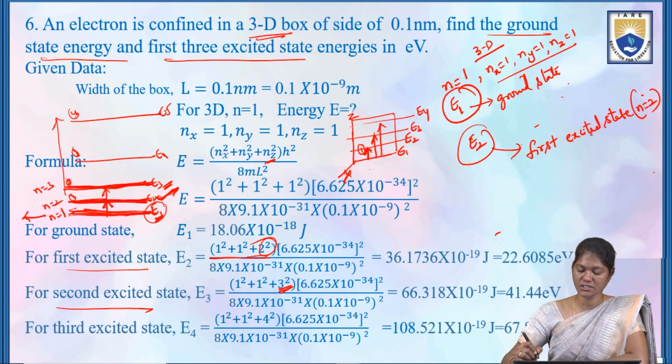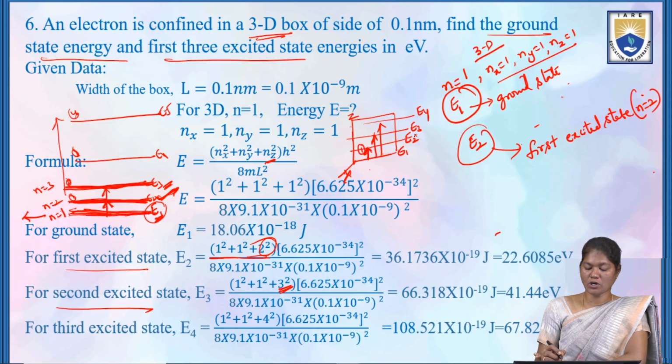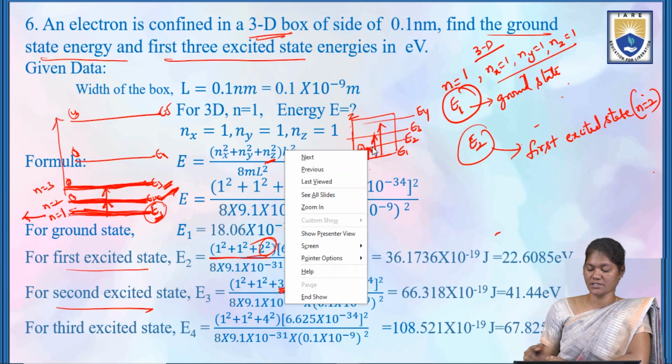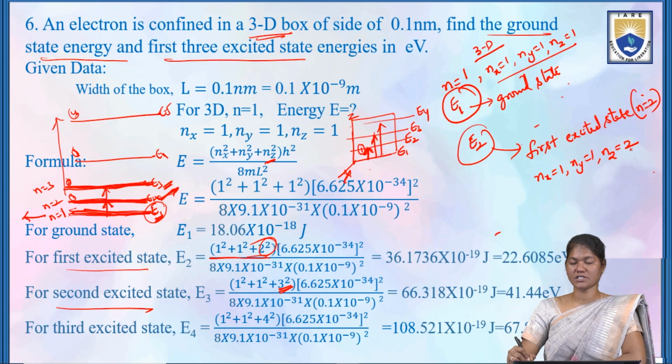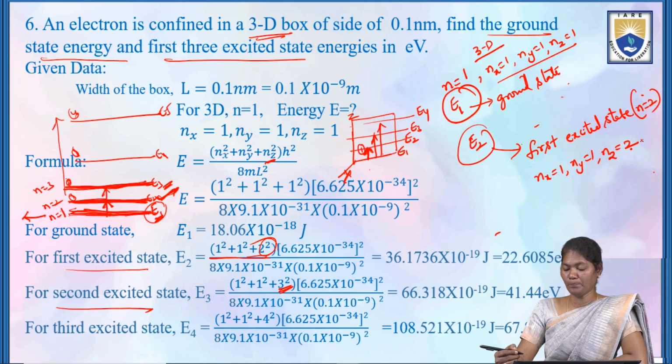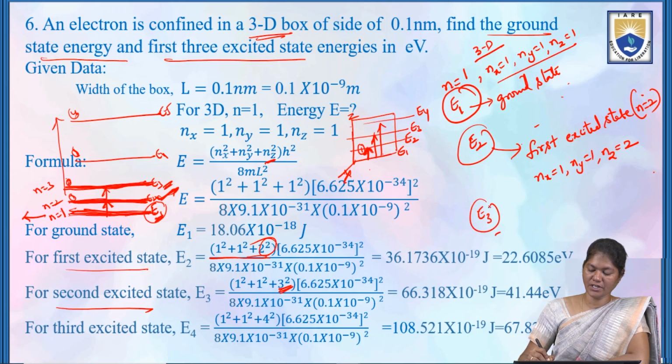If the particle is in the potential box and it gets excited, it will move in the z direction, not in the x and y directions. So nx will be 1, ny is equal to 1, nz is equal to 2, because it is the first excited state, so nz becomes 2. Like that, E3 is the second excited state.